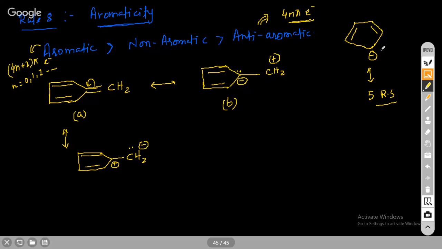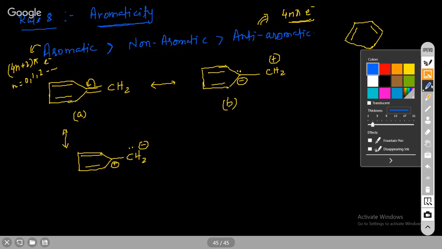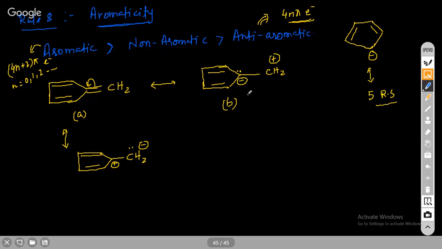So there are a few compounds which you have to keep in mind. Like here you see in this one, when you calculate the number of pi electrons, we count the lone pair also, because a lone pair has the tendency to form a pi bond. So in this compound, if you calculate the number of pi electrons, it will be what? 2 plus 2, 4, 4 plus 2, 6 pi electrons, right? So for n equals 1, it follows Huckel's rule. n equals 1, it is 6 pi electrons.